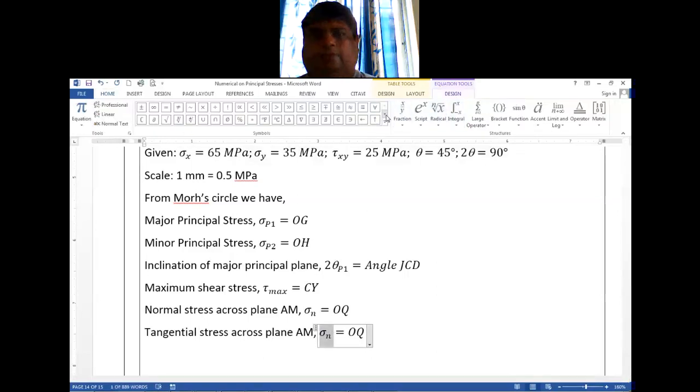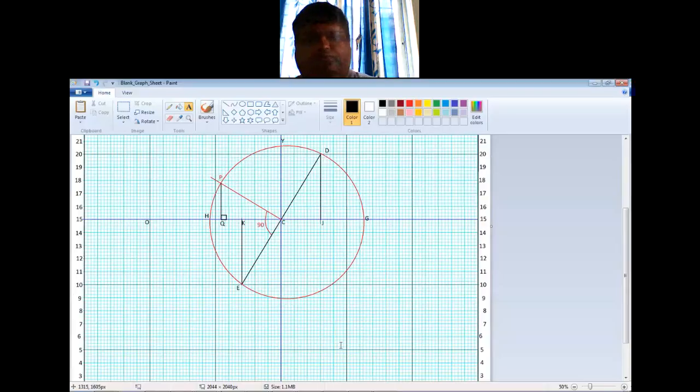This is tau. Tau is equal to PQ, right? This height, PQ. Now, why did I say YC is the maximum shear stress? See, shear stress is along the y-axis, normal stress is along the x-axis.